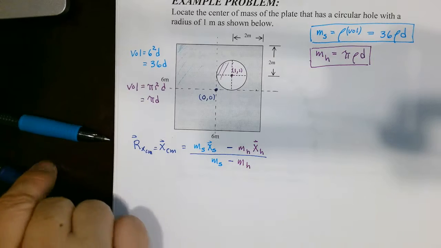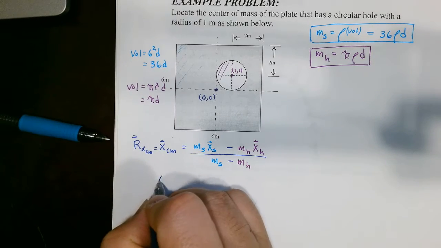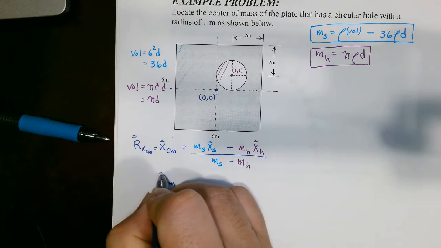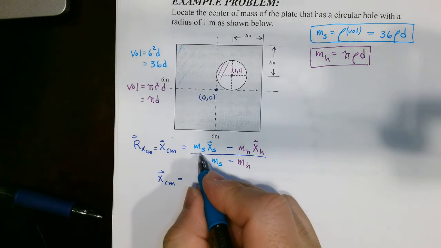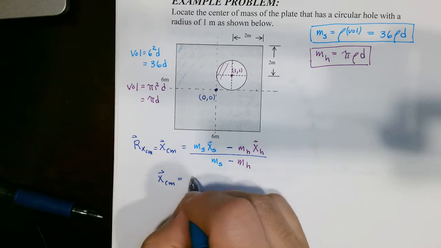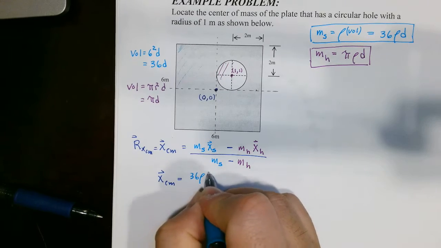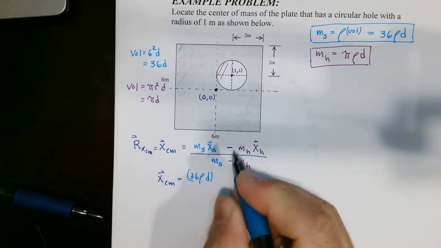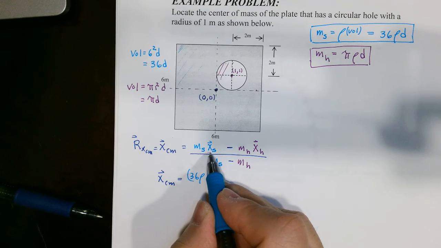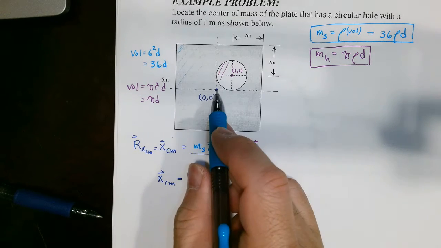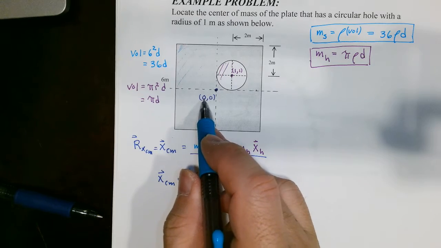So if we work it out, right, my x sub cm is equal to, again, mass of the solid is 36 rho d times x position, center of mass position of the solid, which is at 0 for my x.